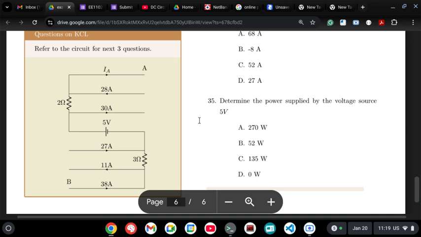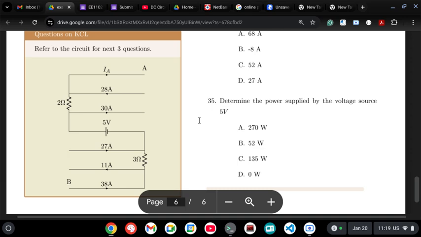Therefore, if I move from this point to this point, I have lost voltage. So the voltage drop here is 81 volts. From this side of the 3 ohms to that side, it is minus 81 volts, because I lost 81 volts, as this point is below the voltage of B. So minus 81 up to here.